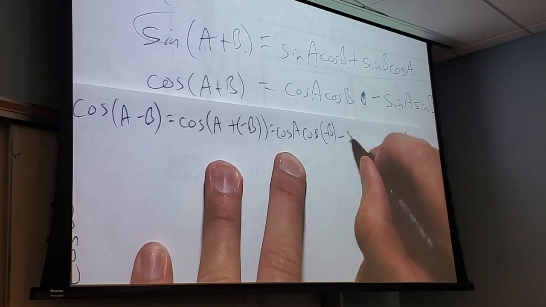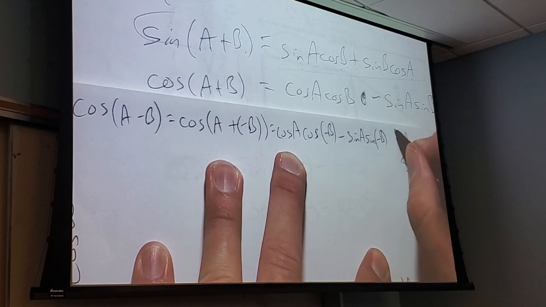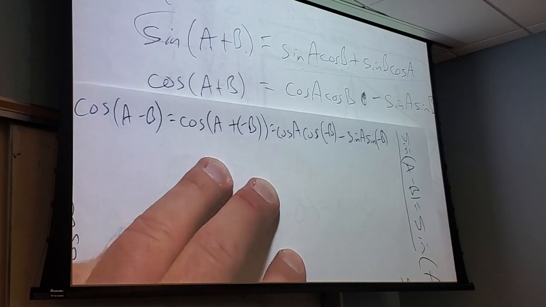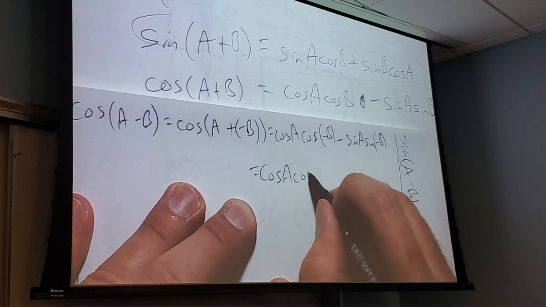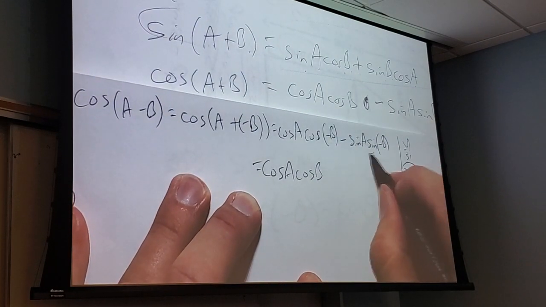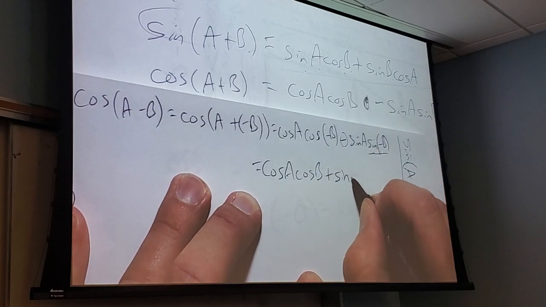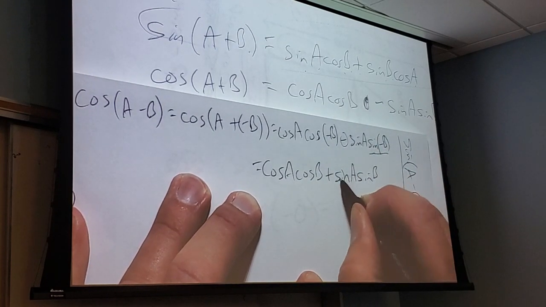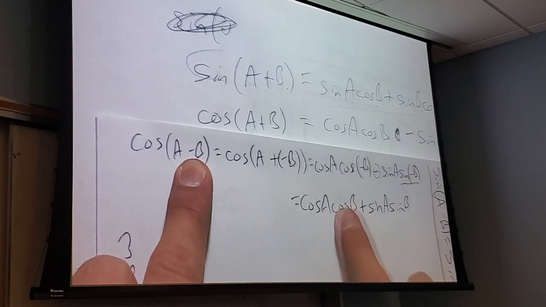Minus sine A, sine negative B, right? This would be cosine A. Cosine of negative B is still cosine B, yes? But sine of negative B is negative, so that makes this plus sine A, sine B. So cosine continues to be a jerk. Oh, you have a minus? I'm going to make it a plus.